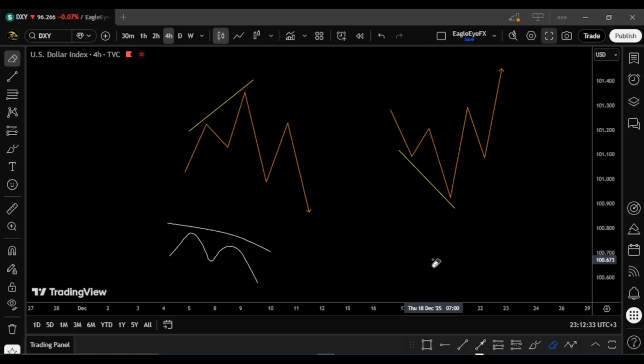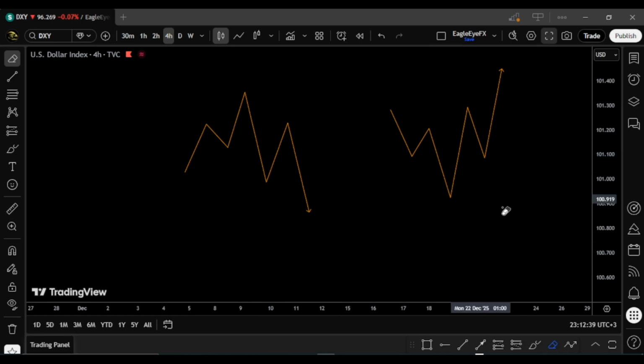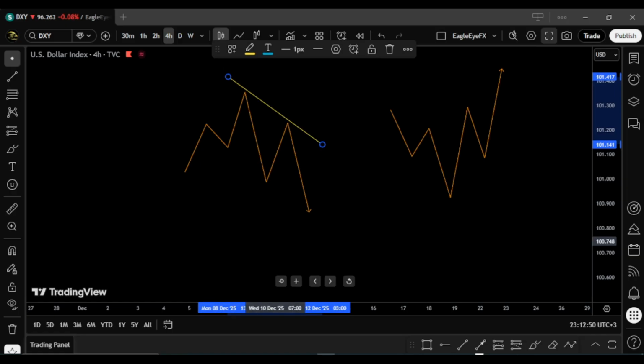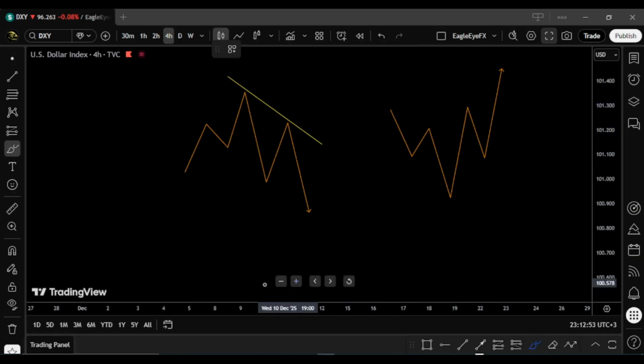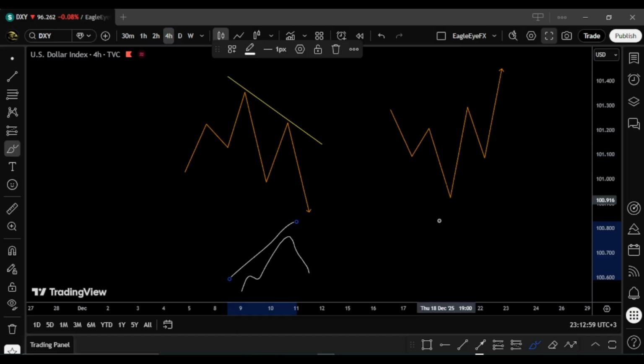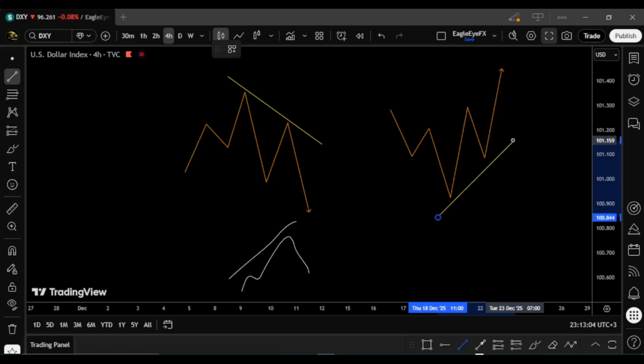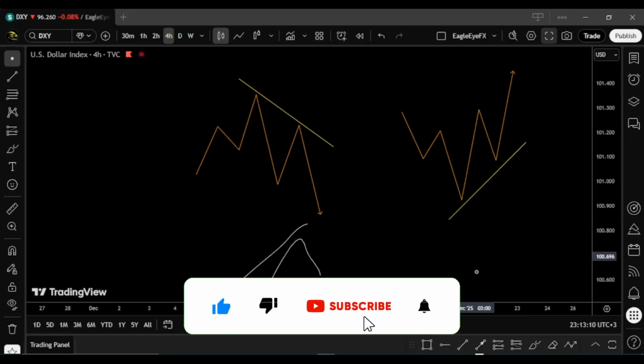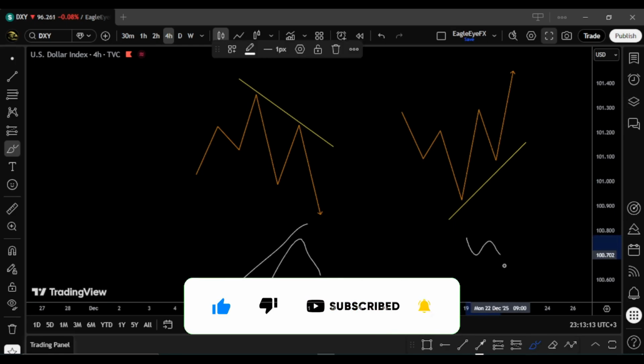Remember, there are several divergences that we use. We don't just have to use the regular divergence. This is what we call the hidden divergence, where the market is giving us lower highs while the awesome oscillator gives us higher highs. And while the awesome oscillator is giving us higher lows, the market gives us the opposite.